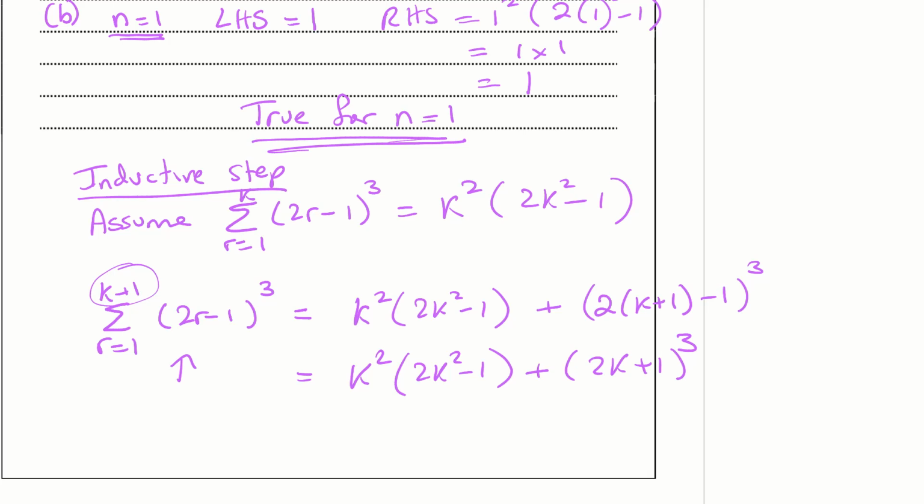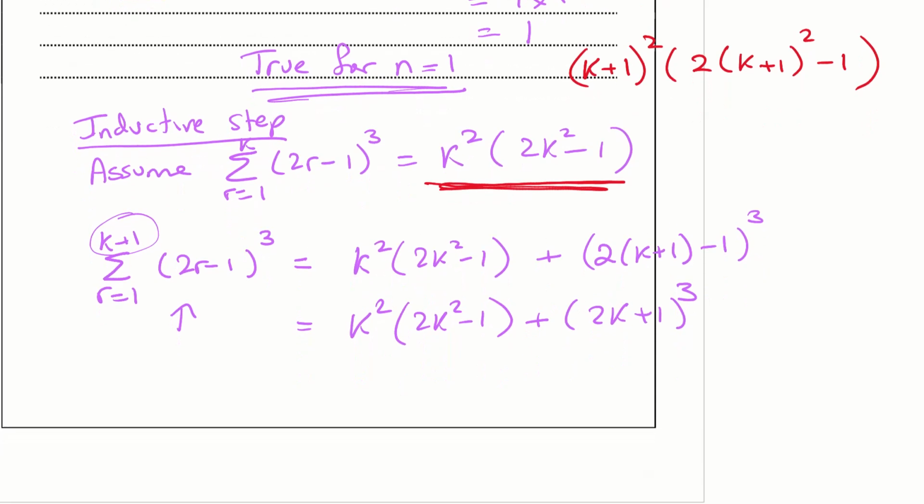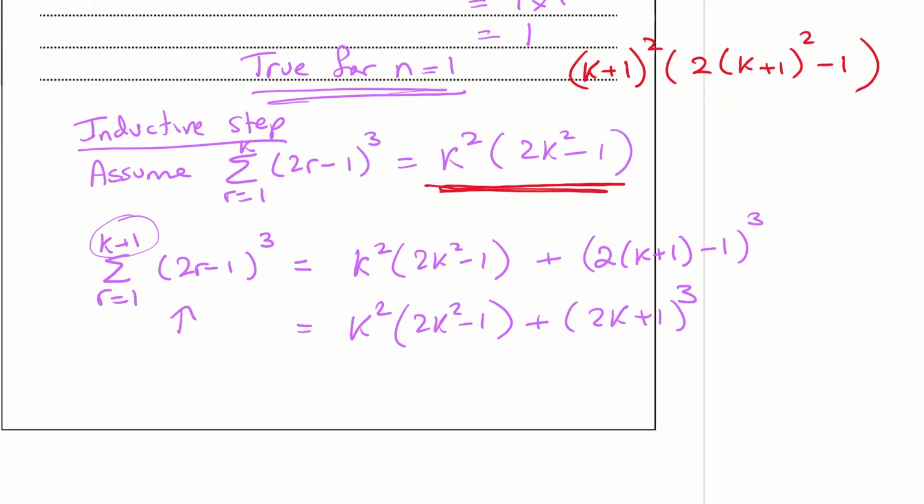Now, at this point, it's worth looking for the target expression. The target expression is this, with k replaced by k plus 1. So what we're after is (k plus 1) squared times (2(k plus 1) squared take away 1). Expanding out what we have down here, we get 2k to the 4 take away k squared.